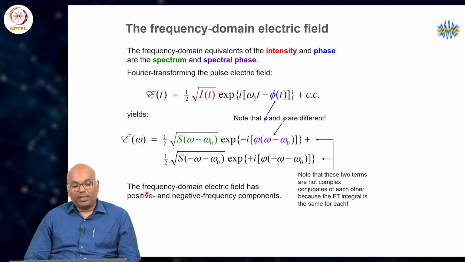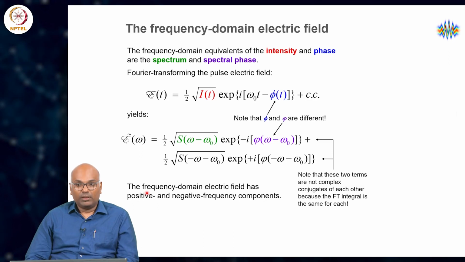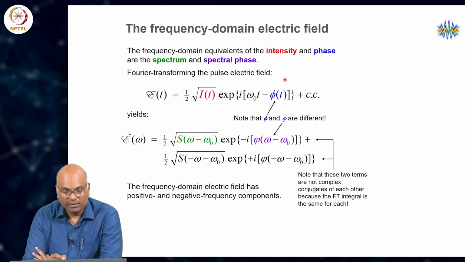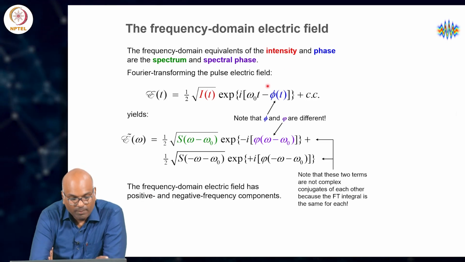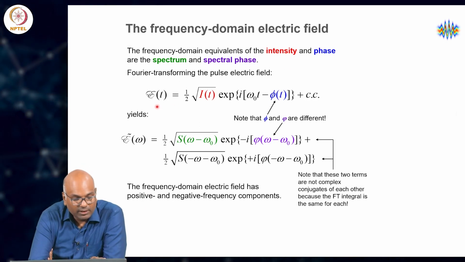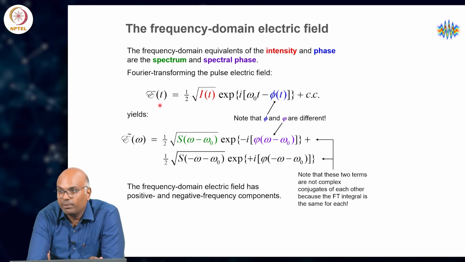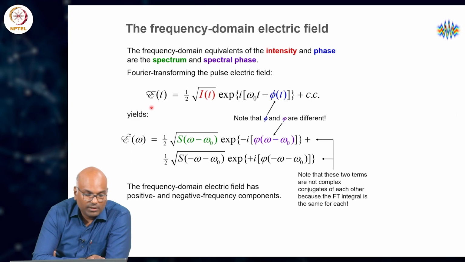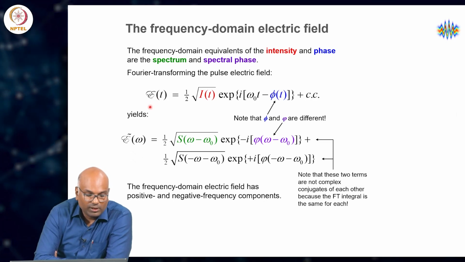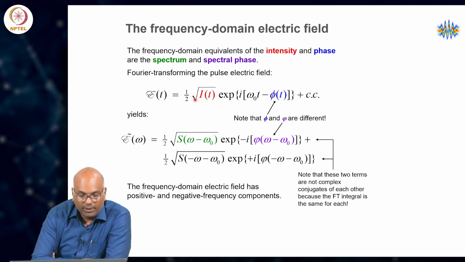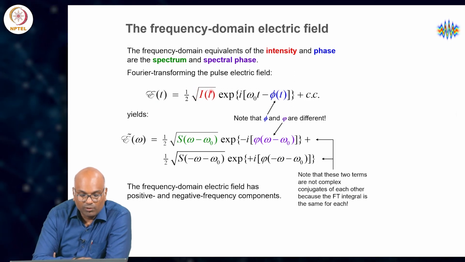Now we are all set to switch between two very important domains, time and frequency. Let's remind ourselves that the complete definition of the electric field of a pulse is written this way in the notation that we evolved. E of t is the amplitude, the real amplitude, square root of I of t.